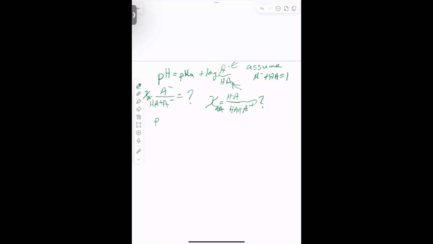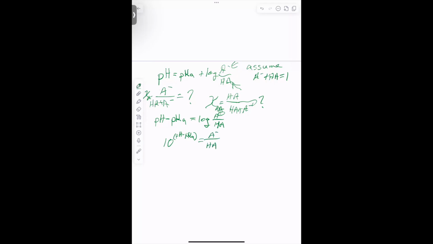So let's begin the process, pH minus pKa. I'm now trying to simplify this, going to the log of A minus over HA, and I can get rid of the log by taking 10 to the pH minus pKa, which is equal to A minus divided by HA.